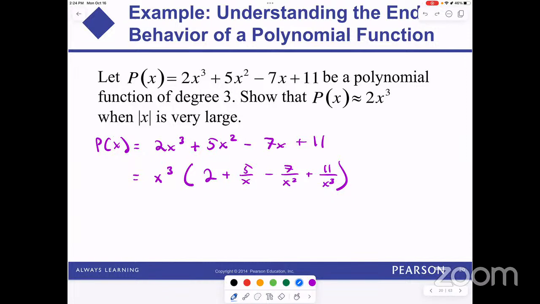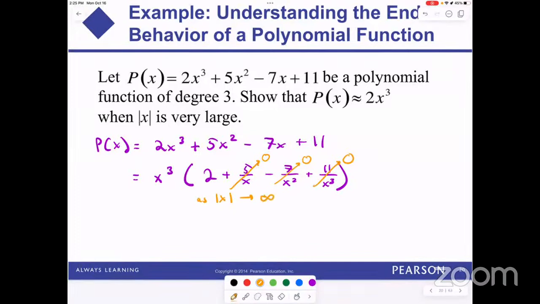This term is getting closer and closer to 0, so as the absolute value of x gets large, this term tends to 0. Same thing for this guy and this guy, right? So as the absolute value of x tends towards infinity, those guys tend to 0.